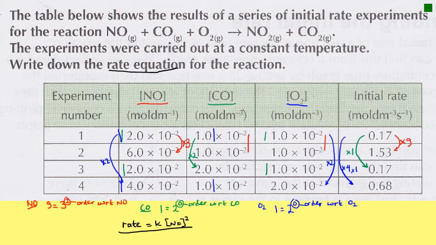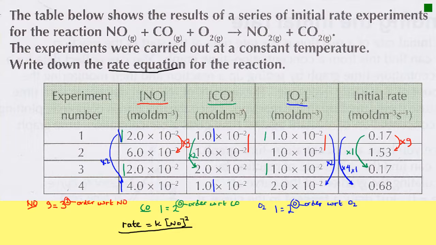So 0 is the order with respect to oxygen. So now we have the 3 orders of the 3 reactants, so we can write down the rate equation, which is what we're being asked for.